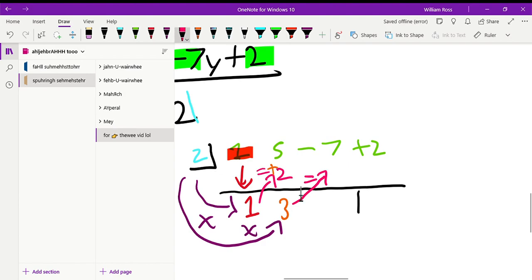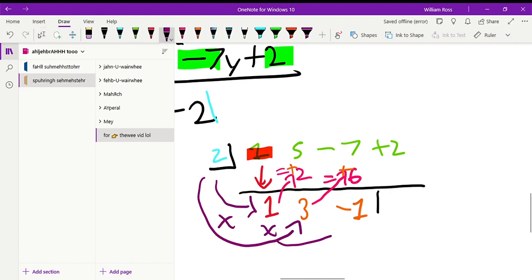Alright, so 2 times 3 is 6. Negative 7 plus 6 is negative 1. And of course, 2 times negative 1 is negative 2.